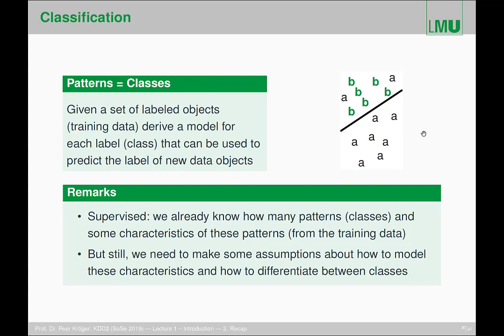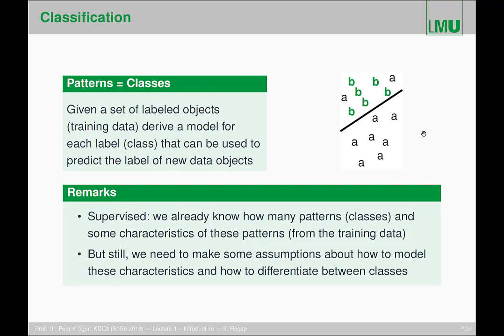So we have to take care that our model is not too specific to the training data, which would mean it overfits, but generalizes a little bit more. Because we are never sure that we see the right training data, or the entire characteristics of the patterns we want to discern.